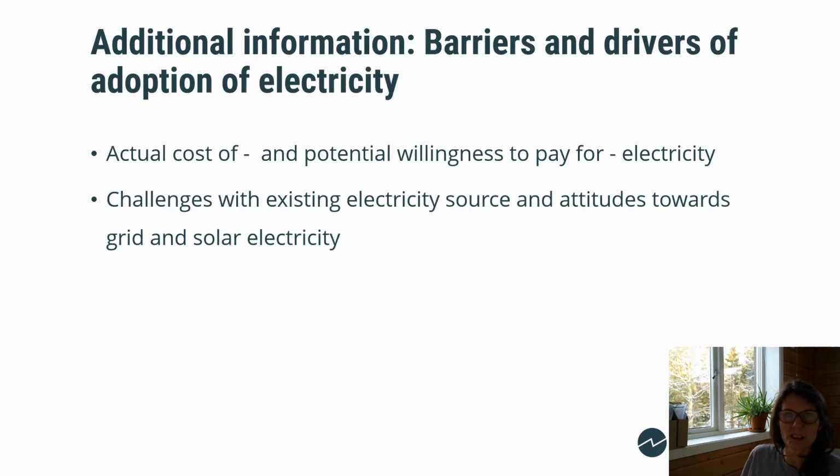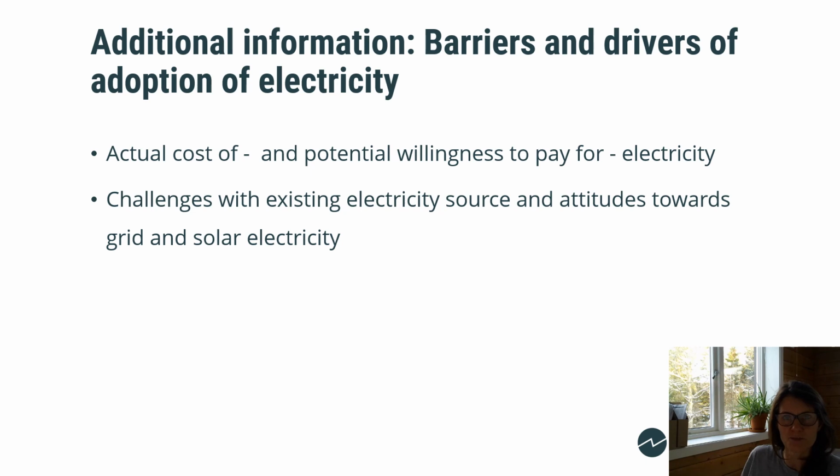The information mentioned so far in this presentation is covered in sections C to F in the household questionnaires and used to calculate tiers. In addition, some other information is collected in the same sections to understand barriers and drivers to facilitate the shift to modern electricity. These questions aim to understand what the average cost of setting up different electricity sources is.